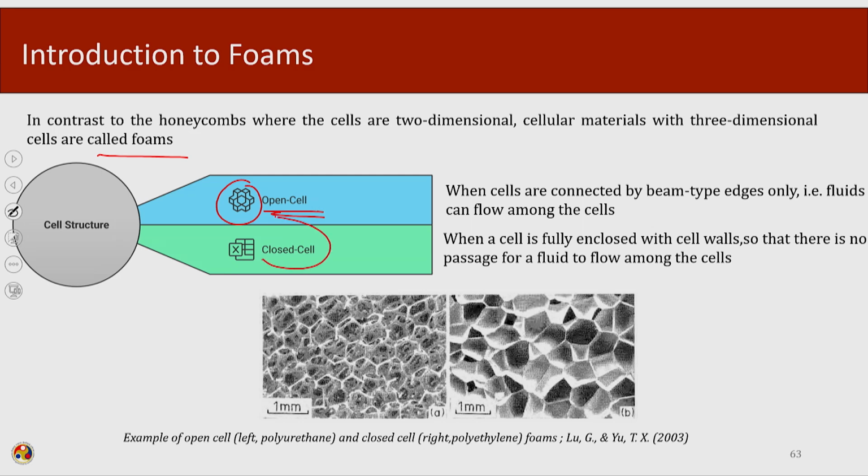There is something called a closed cell configuration also. In the closed cell configuration, a cell is fully enclosed with cell walls, so that there is no passage for fluid to flow among these cells. In an open cell the flow of fluid is allowed, and in a closed cell there is no flow of fluid. Here we can see an example of an open cell foam made of polyurethane, where you can make out the openings from where the fluid can flow.